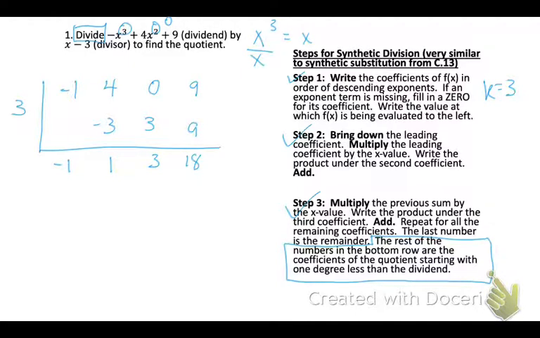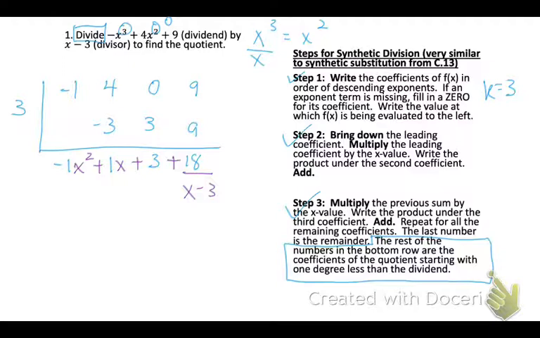So the numbers along our bottom in our synthetic division are the coefficients of the polynomial negative 1x squared plus, because that's a positive 1, 1x, and then plus, because it's a positive 3, with a remainder of 18. And we'll put our remainder over our divisor, x minus 3.